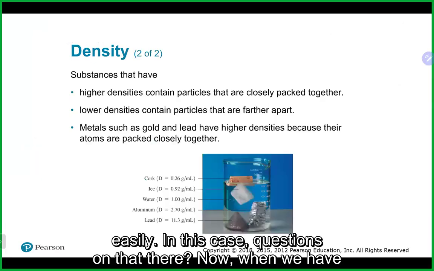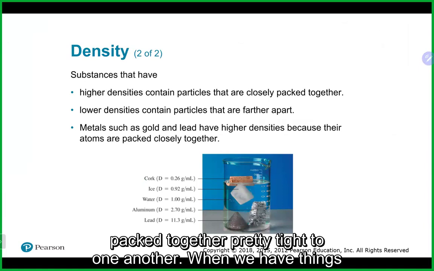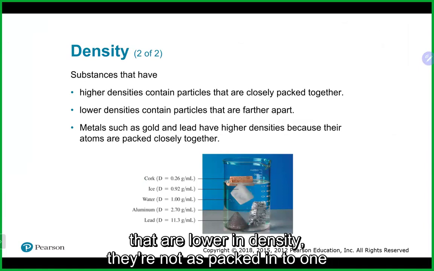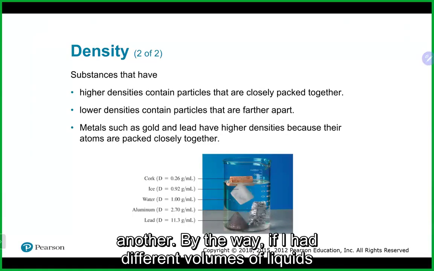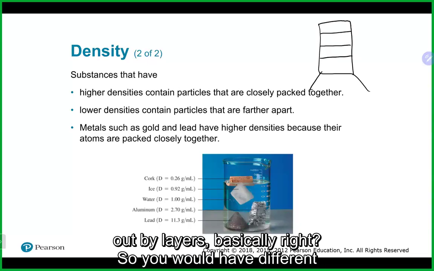Now, when we have things that have a very high density, they typically are packed together pretty tight to one another. When we have things that are lower in density, they're not as packed in. By the way, if I had different volumes of liquids that had different densities, they would typically separate out by layers, right?